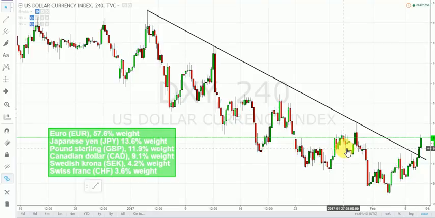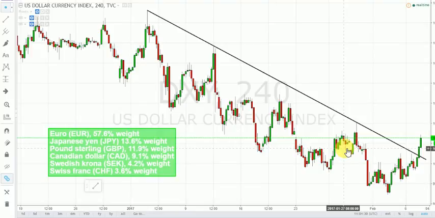Japanese yen 13.6, pound sterling 11.9, Canadian dollar 9.1, the Swedish krona 4.2, and the Swiss franc 3.6. So that just shows you how this particular financial instrument is calculated and what it's showing you on your screen.